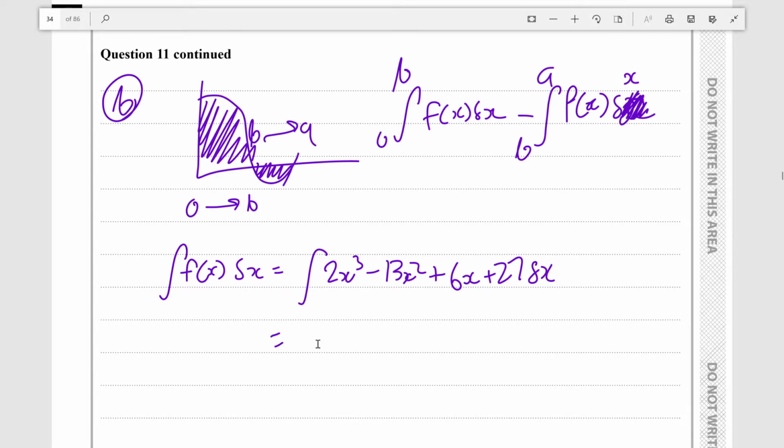And this would be equal to 2 over 4 x to the 4 by the power rule, minus 13 over 3 x cubed, then plus 3x squared plus 27x, or not dx since we have evaluated the integral already.